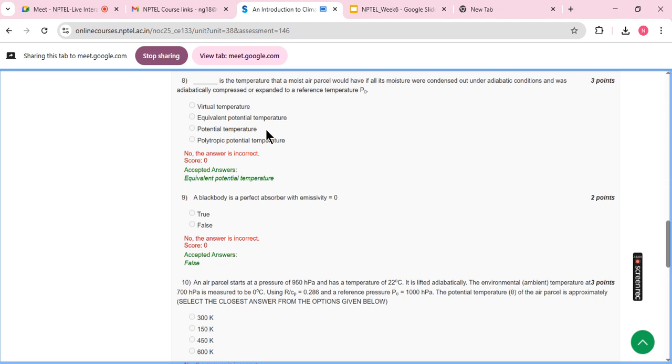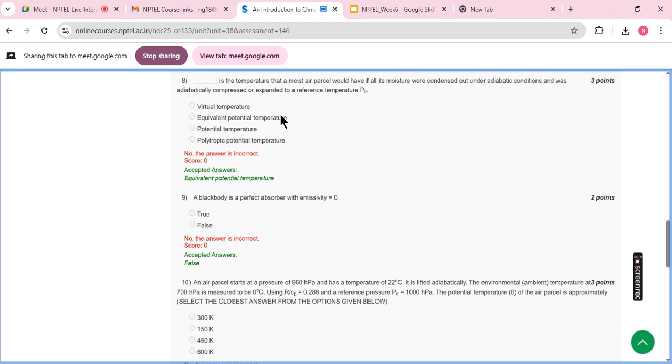Do you remember what virtual temperature was? Yeah, equivalent potential temperature is the correct answer. Let me revise the other things as well.